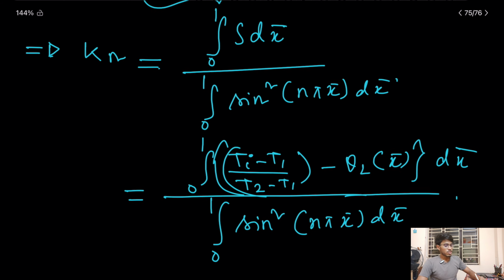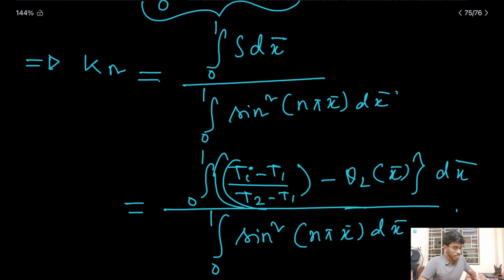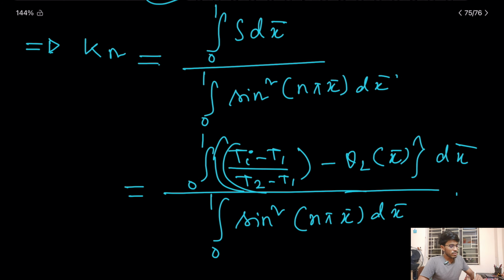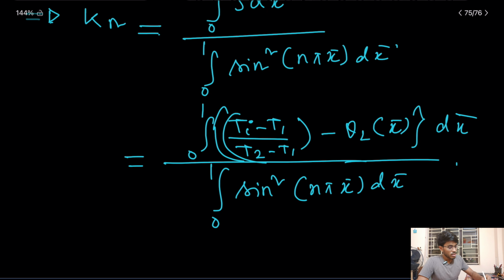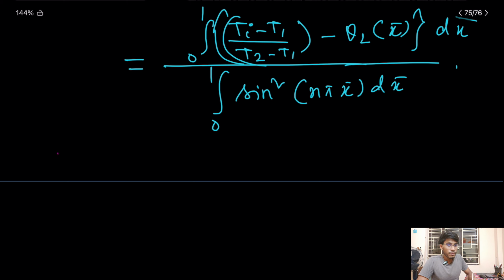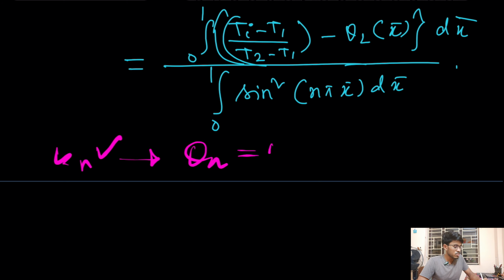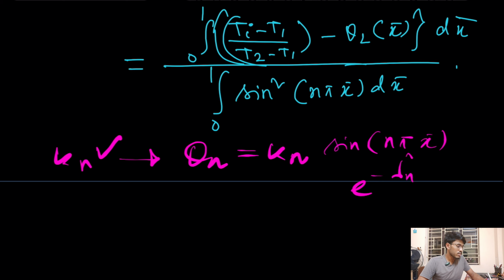So I have found all the kn. If I have found all the kn, now my theta n is known. The moment my kn is known, that means my theta n is known, and theta n is what? kn into sine of n pi x bar into e to the power minus lambda n square x bar, right?